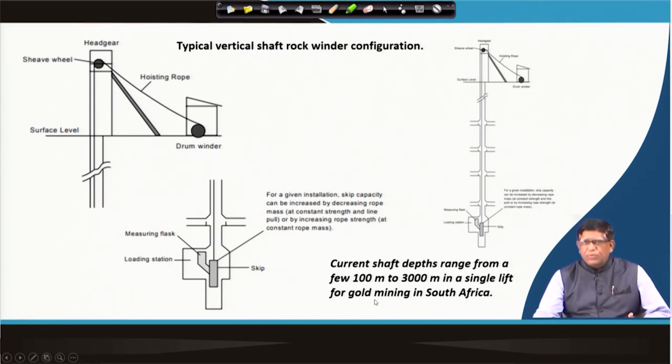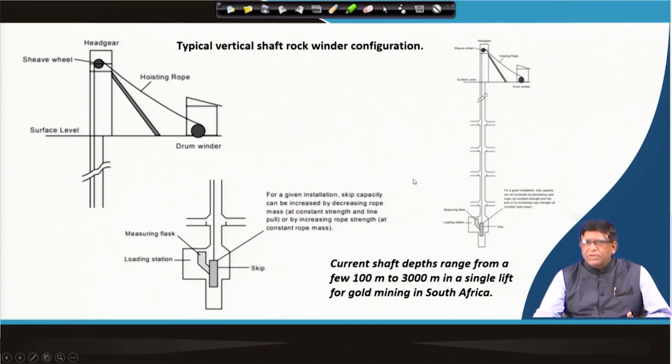I think the deepest ones are Tata's Jamadoba colliery, or Sudamdih colliery of BCCL, where we are going more than 500 meters. There you will have to find out, depending on the rate of production, what the total load coming will be and what the wire rope diameter should be.